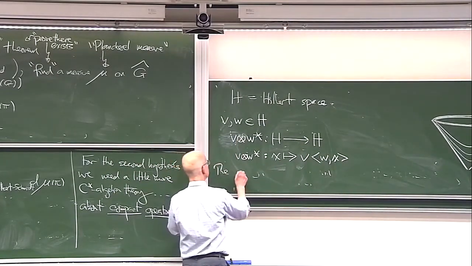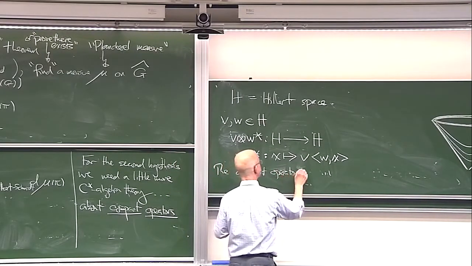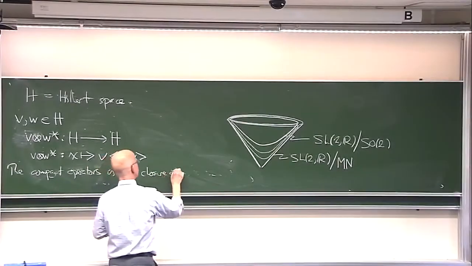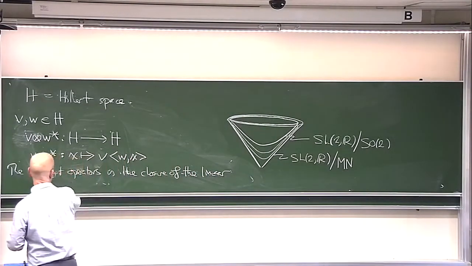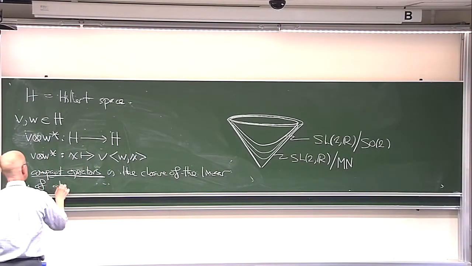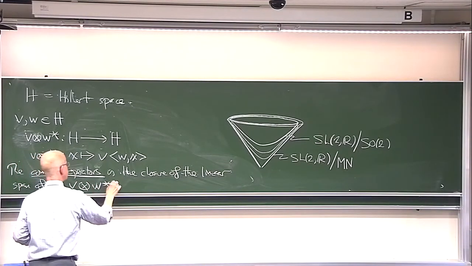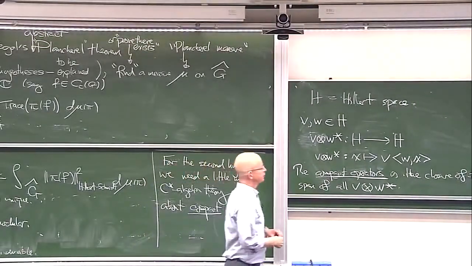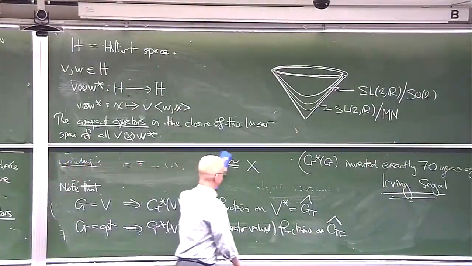So the C-star algebra of all compact operators is the closure in the norm topology of the linear span of all of these operators. These guys form a simple algebra. I'm telling you these things because we'll generalize this in a little while.